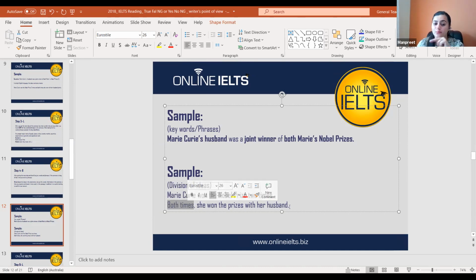So her husband was with her both the times. So that is 2 times. Okay, so understanding the statement by translating it into simple English or paraphrasing it into simple words and dividing the ideas. Okay, clear everybody? Any questions so far?